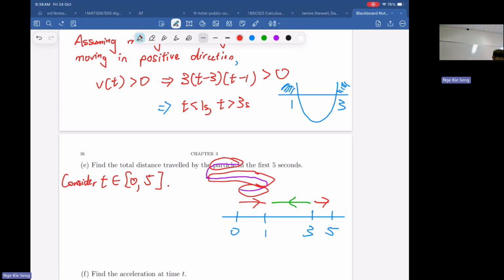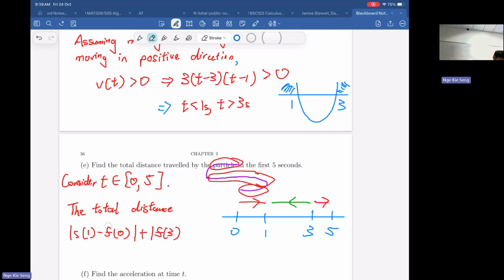So what's the total distance? You take the end point minus the starting point, but I want a positive contribution for this part. Then I take another endpoint. So here's x: x(3) minus x(1), and then plus x(5) minus x(3).